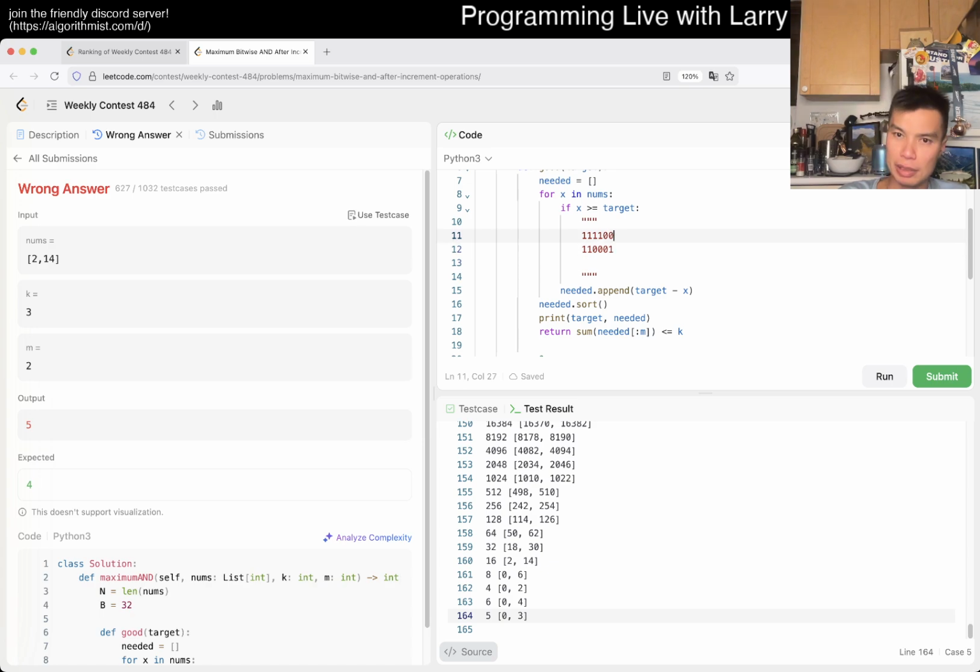How many bits until this is a superset of this? So that is going to be just an OR. Would an OR make sense?